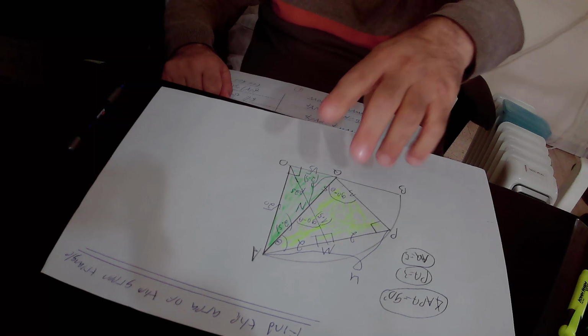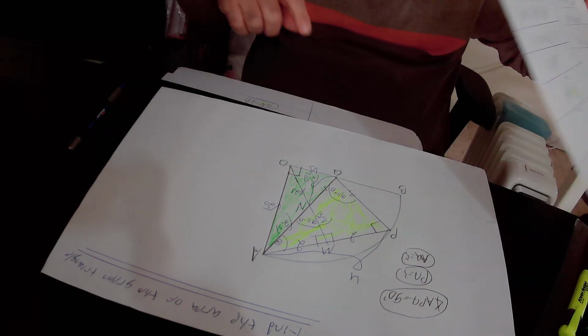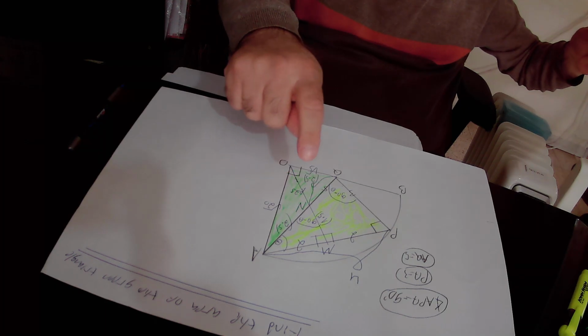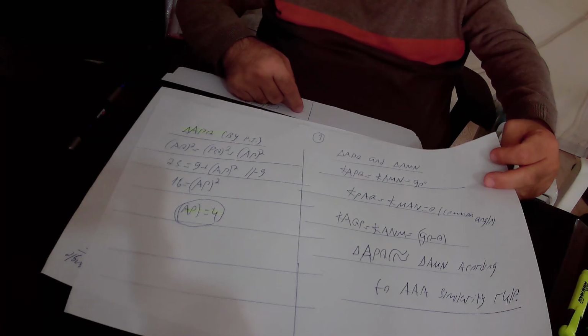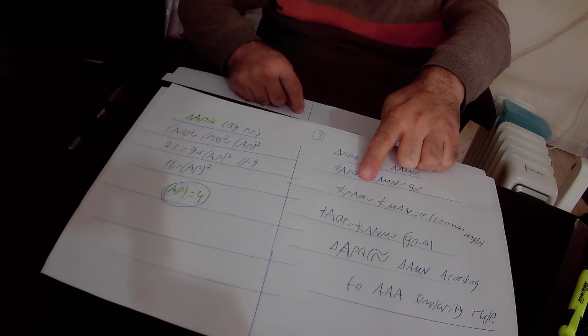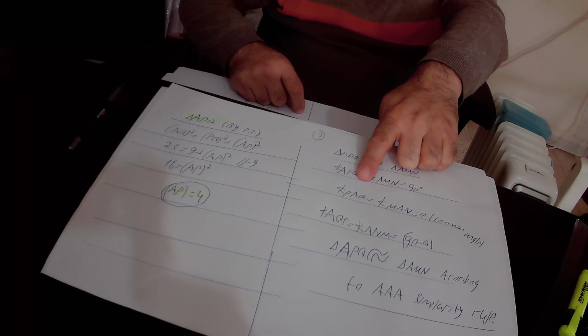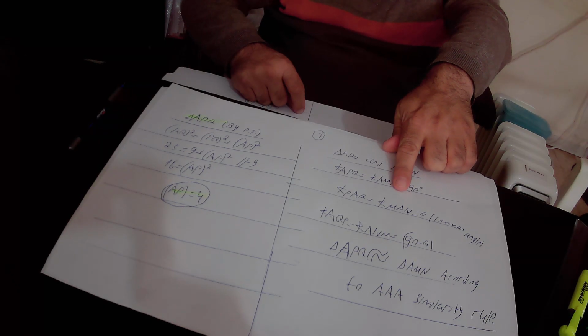So we call angle theta by two different names to emphasize that this angle belongs to both triangles. In the big triangle, angle theta is angle PAQ, and it is equal to angle theta itself.